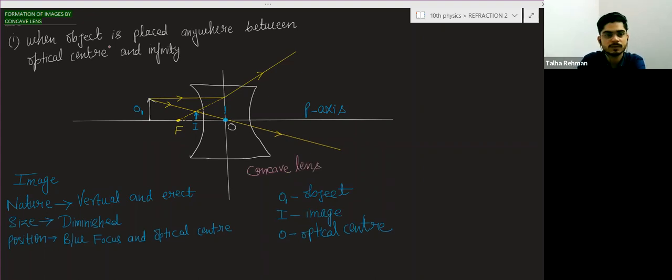And your heading is the formation of images by concave lens. So note it down.